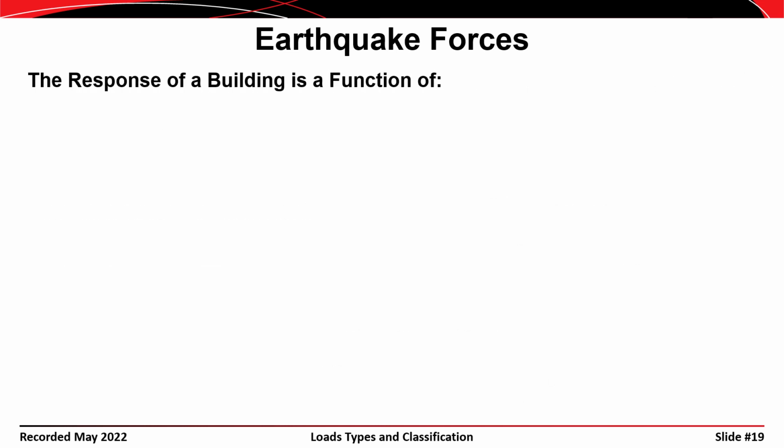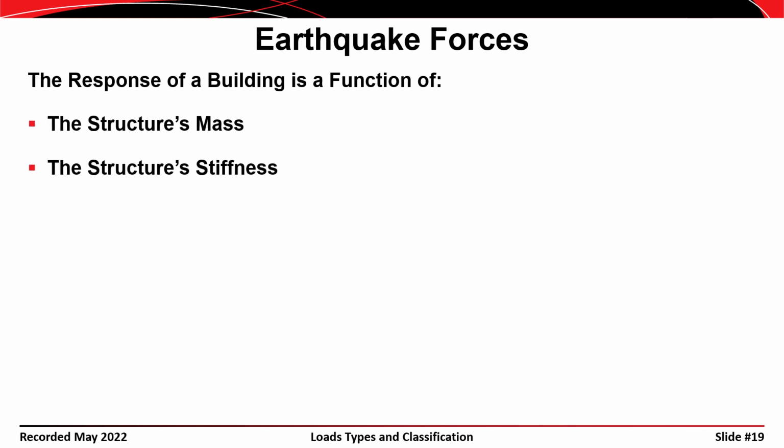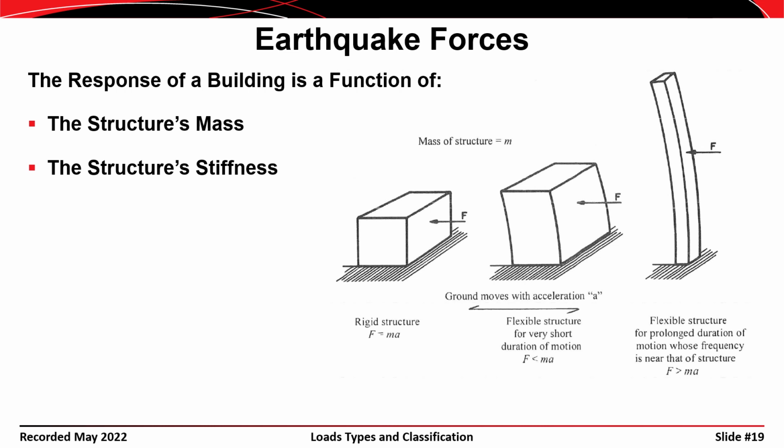Okay, the response of a building to an earthquake is a function of both the structure's mass and the structure's stiffness. So if you take 3 different structures like this, the one on the left is rather short, and it would be considered to be more rigid. It's not as flexible as the one on the right. So it has a different stiffness, so it has a different response to the structure.